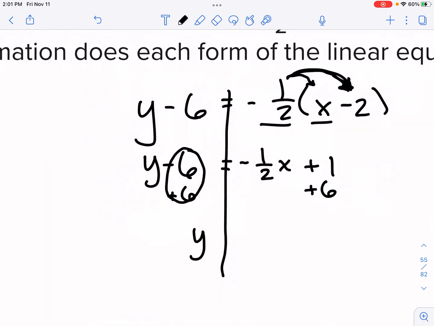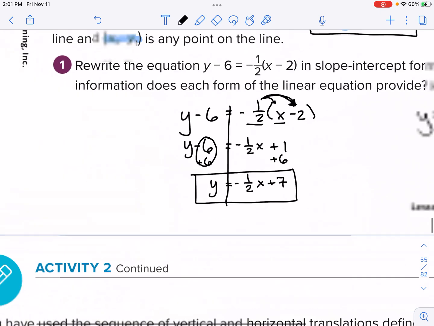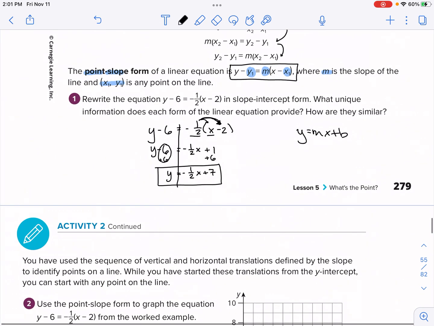So the final equation here is y equal to -1/2 x plus 7. And this is something that we can then graph, right? The y-intercept is 7, the slope is -1/2. We can find the rise and run from that. But let's continue this on the next page, still continuing activity 2 on page 280.